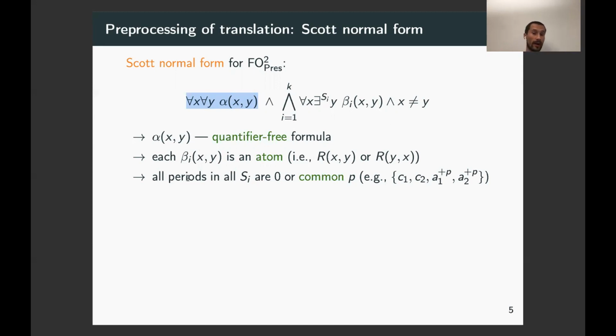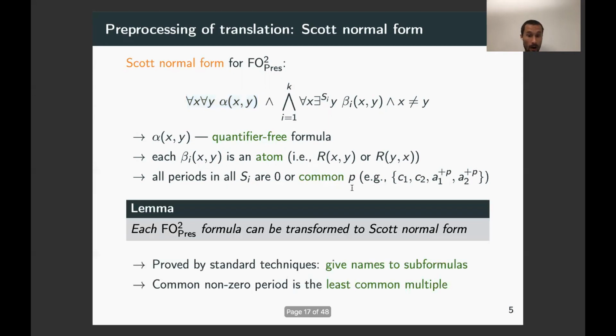Additionally, one more requirement is that all periods in all the S's we have in our formula are either zero or some common P, which is common for the whole formula. And this simple lemma, with standard proof, says that each formula in our logic can be transformed to Scott normal form. It is proved by just giving names to subformulas as usual. How to achieve a common non-zero period? Just take the least common multiple.